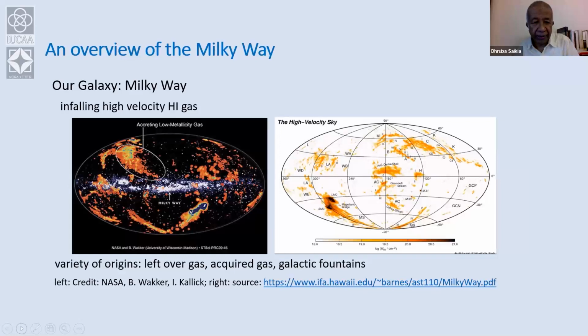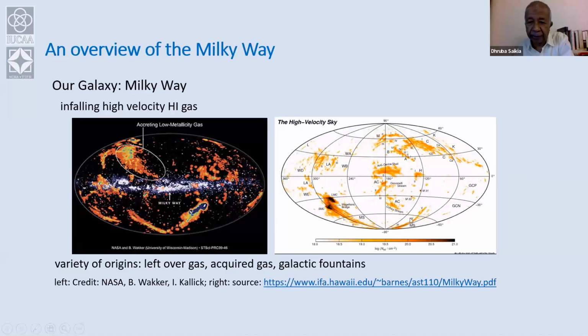This tidal disruption of gas or stars from galaxies is not confined to just the Sagittarius dwarf galaxy. When you map the HI gas in our galaxy, you'll find a lot of clouds which are moving about. And there is a stream of gas between the Large Magellanic Cloud and the Small Magellanic Cloud, which are interacting with one another.